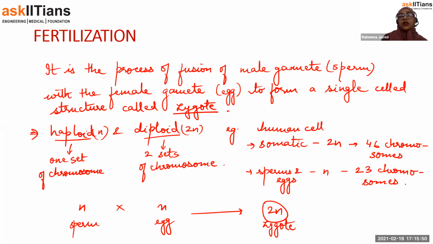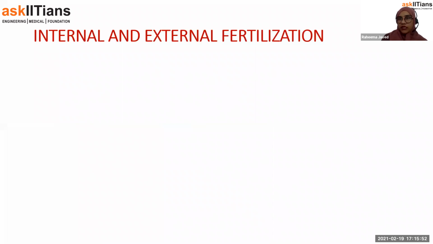Here we are going to focus on the types of fertilization, which are internal and external fertilization. As the name already suggests, internal is the fertilization which takes place inside, and external is the fertilization which takes place outside.